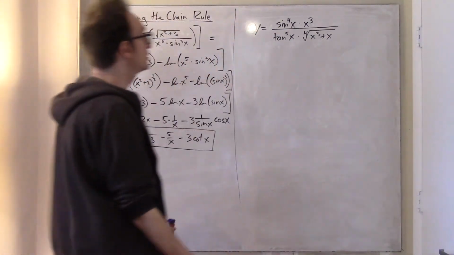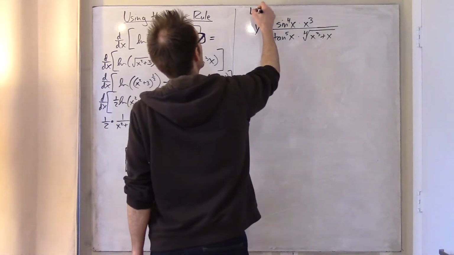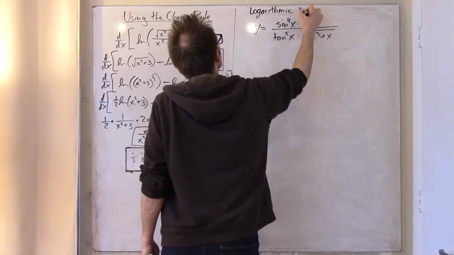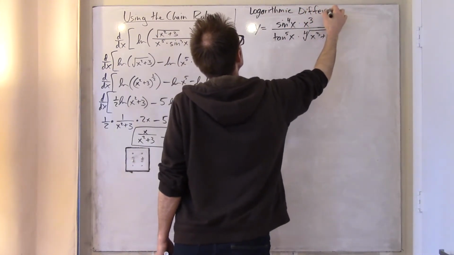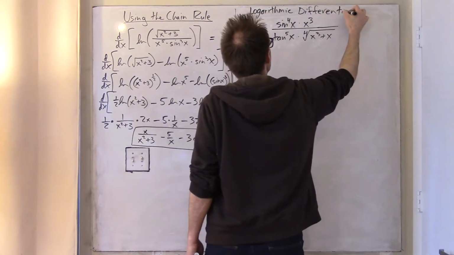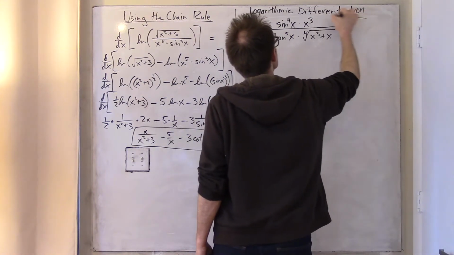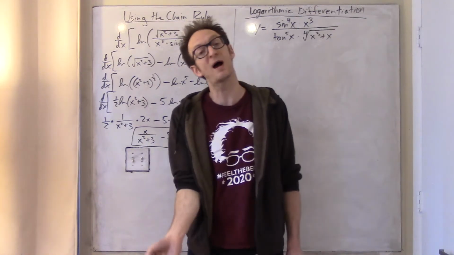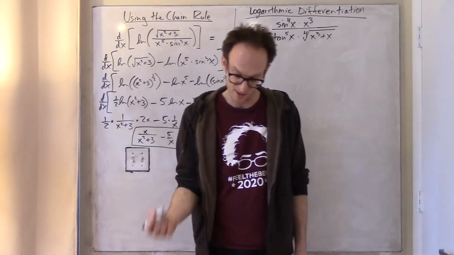We are now doing something called logarithmic differentiation. Logarithmic differentiation, loosely speaking, is a method of solving differentiation problems by introducing logarithms into the problem even when they do not exist already.